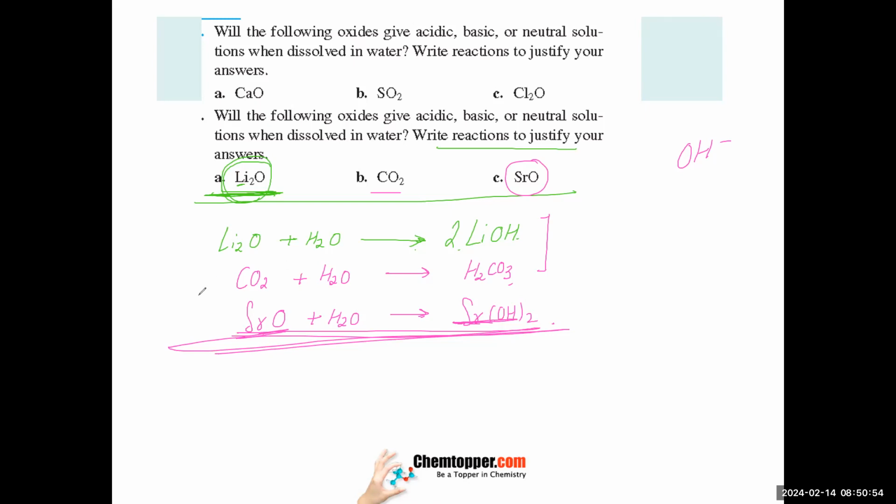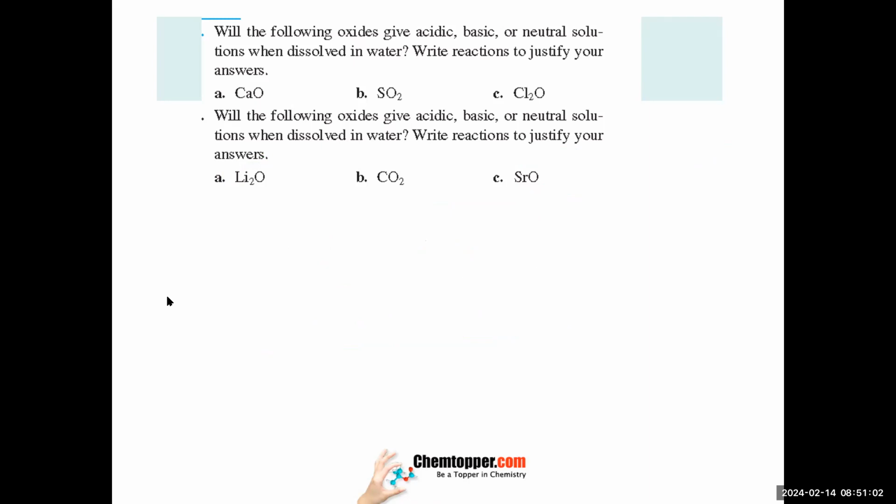Okay, so that's about your acidic oxides and basic oxides, metallic oxides and non-metallic oxides. I tried to discuss in detail, in depth. I covered the periodic trends also. I made you understand metals, non-metals again, and how this metallic character increases, decreases.